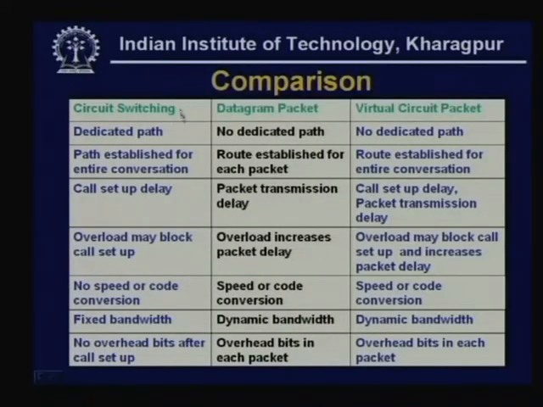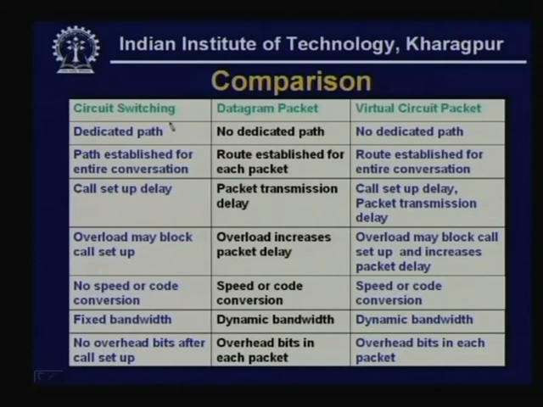In circuit switching, we have seen that a dedicated path is created from source to destination, and that path remains valid and is used for sending the message. In datagram packet switching, no dedicated path is created, as each packet is treated independently. And in virtual circuit packet switching also no dedicated path is created, because in both these cases the paths can be shared by other packets of other source destination pairs.